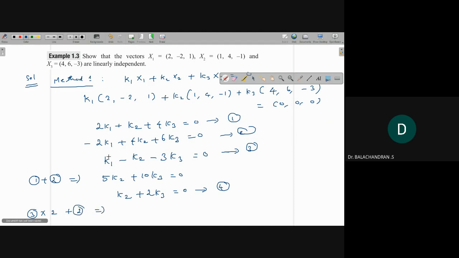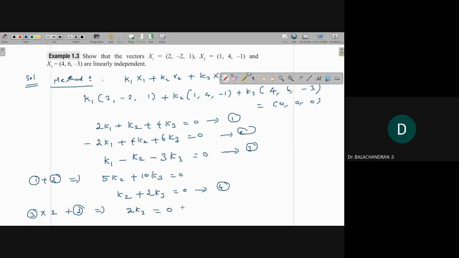If I multiply the third equation by 2, you get 2k1 - 2k1 = 0. Similarly, -2k2 + 4k2 gives 2k2, and then -6k3 + 6k3 gets cancelled. You'll get 2k2 = 0.